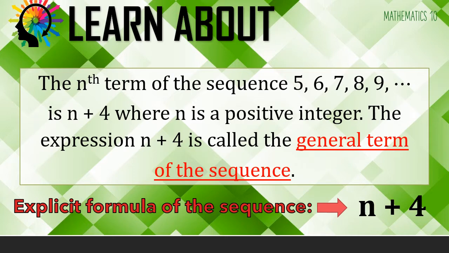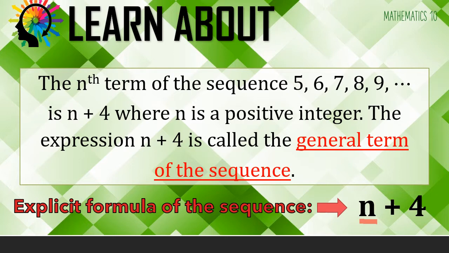If we refer to our given terms, the first term is 5. Since 5 is the first term, let's check. Since it's the first term, we substitute 1 for n, so 1 plus 4 is 5.